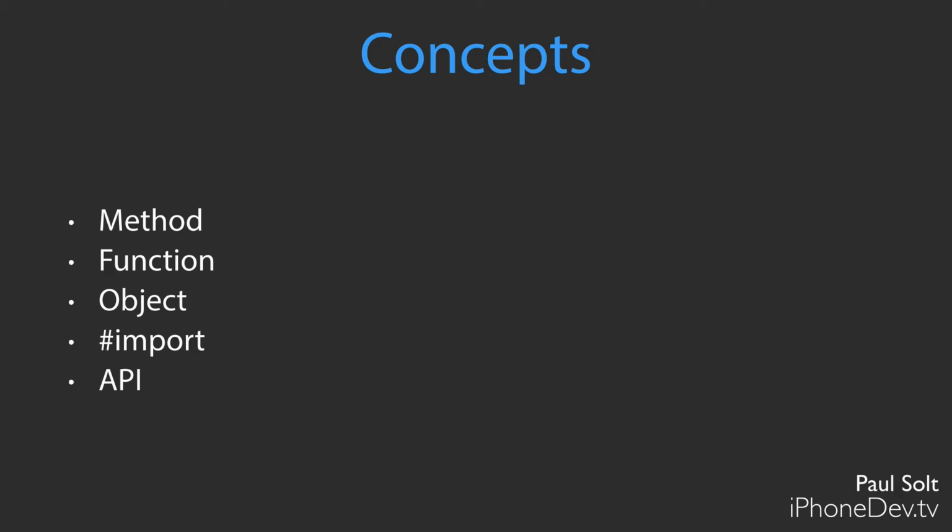All right, next we have API. This is short for Application Programming Interface, and this is just a list of methods or functions that you can use with a chunk of code that either you've written or someone else has written. So if you wanted to interact with the Facebook platform, you would have to write code that used the Facebook API, and they have an iPhone version that allows you to make queries to Facebook to get profile pictures, to get albums, to also upload and to publish different things on behalf of the user.